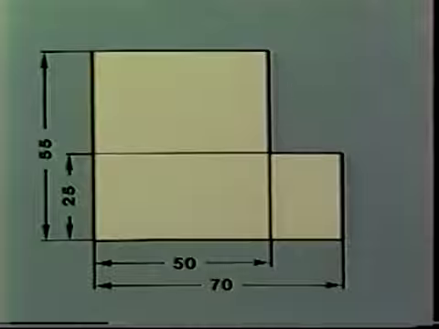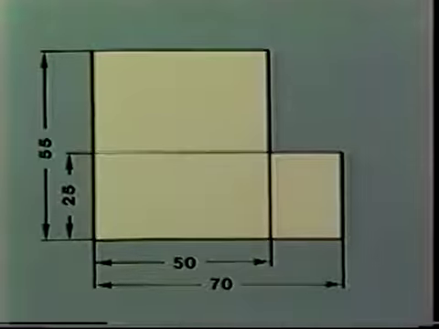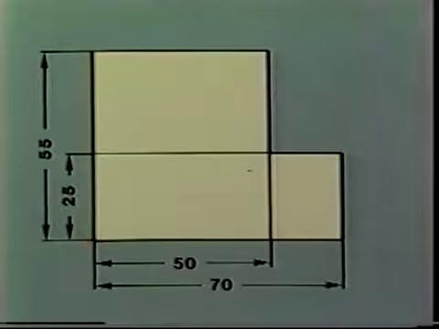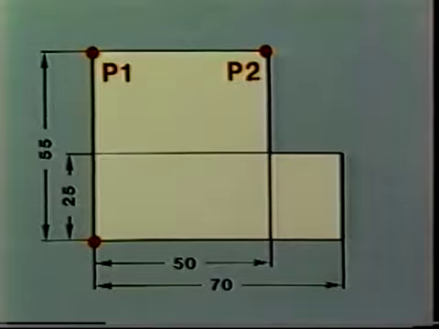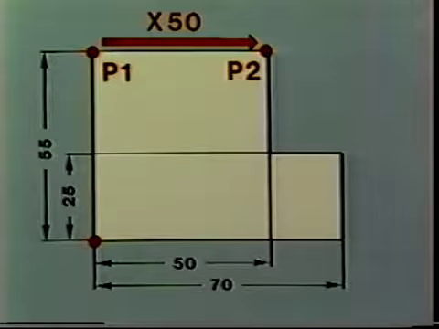So, with the help of the coordinate system, you can clearly define all of the points on a workpiece. To cause the tool to move the way you want it to, you just indicate the X, Y, and Z values of the set point position based on the workpiece 0 point. If you want to move from P1 to P2, for example, program X50. That is exactly the distance from the 0 point to P2.